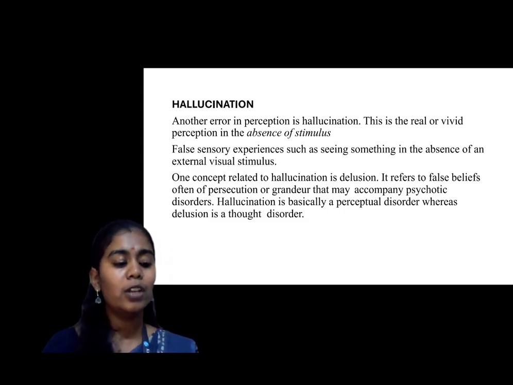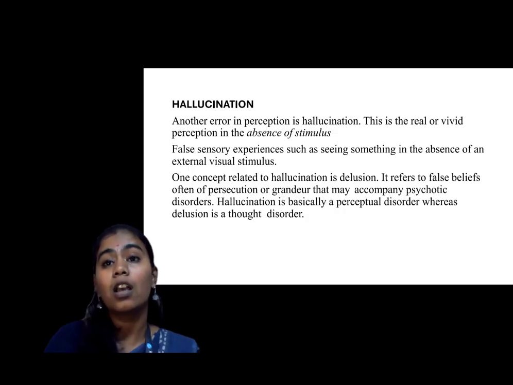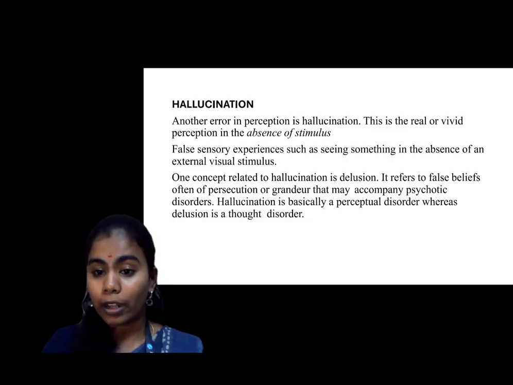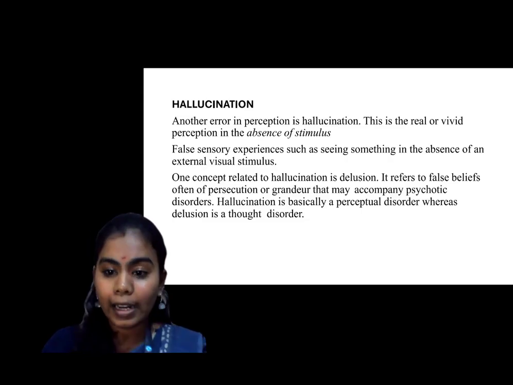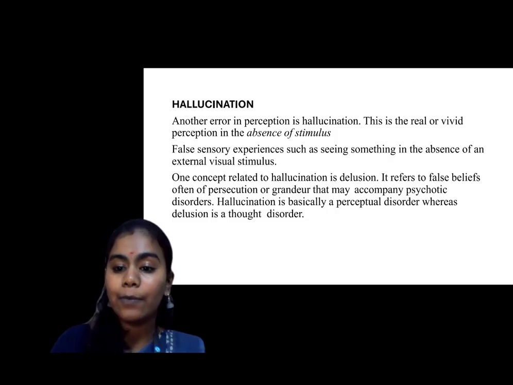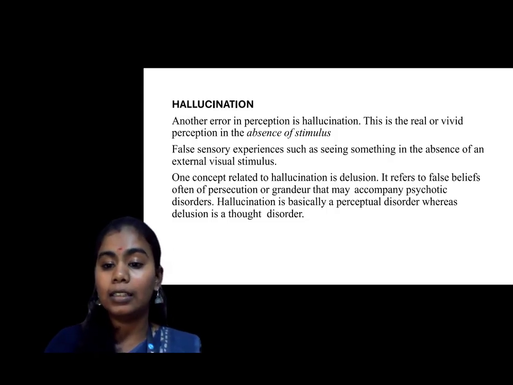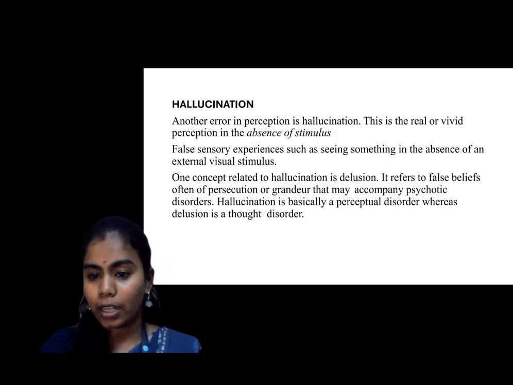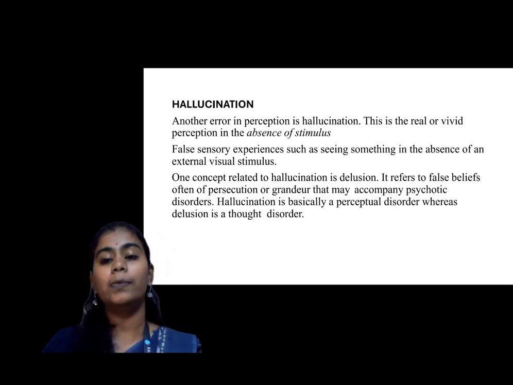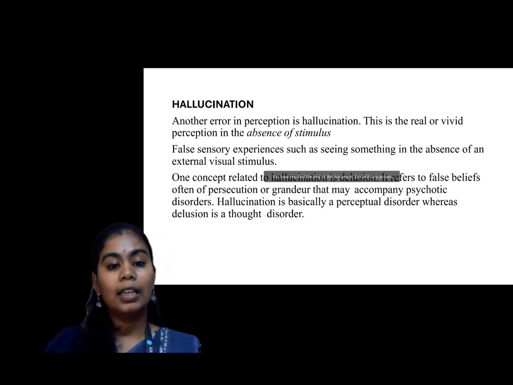In delusion, we think in ways that are unrealistic in nature. That is, our thinking is affected, which is why it is called a thought-related disorder. Whereas in hallucination, we perceive something in the absence of a stimulus, so it comes under perceptual disorder. This hallucination can be one positive symptom under psychotic disorders, especially in schizophrenia.